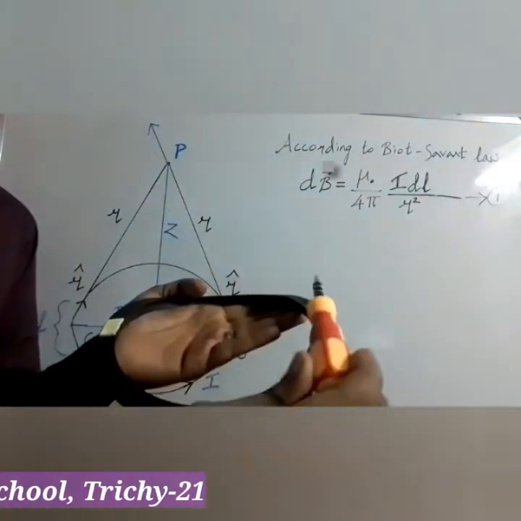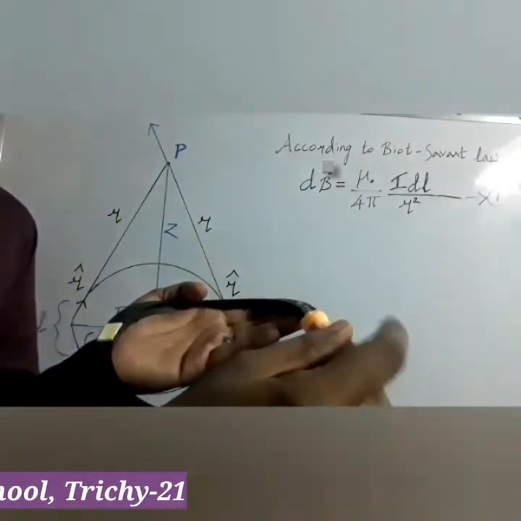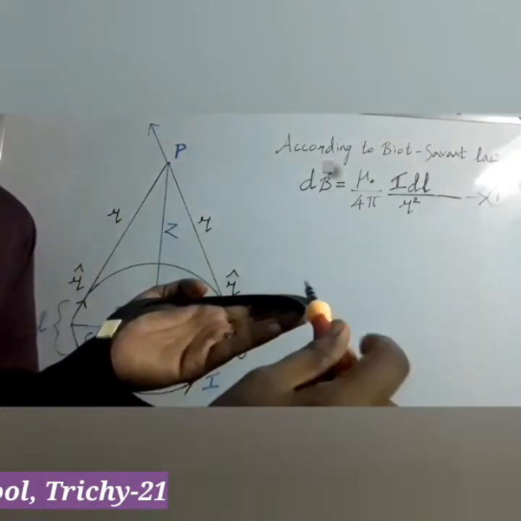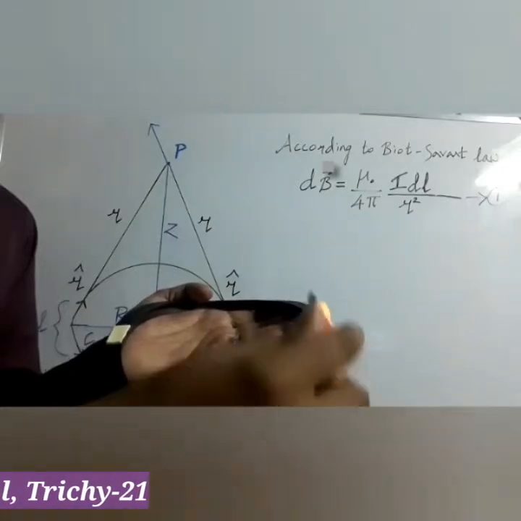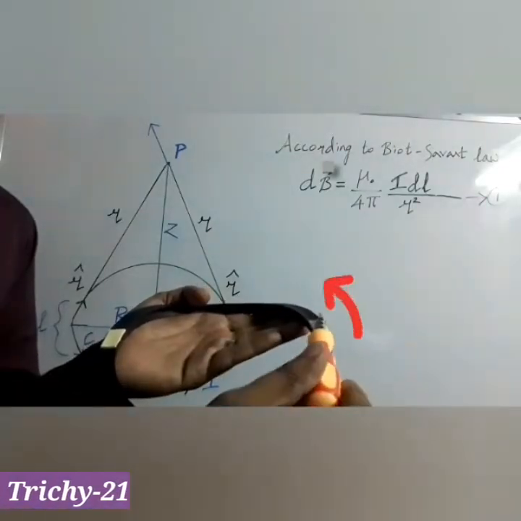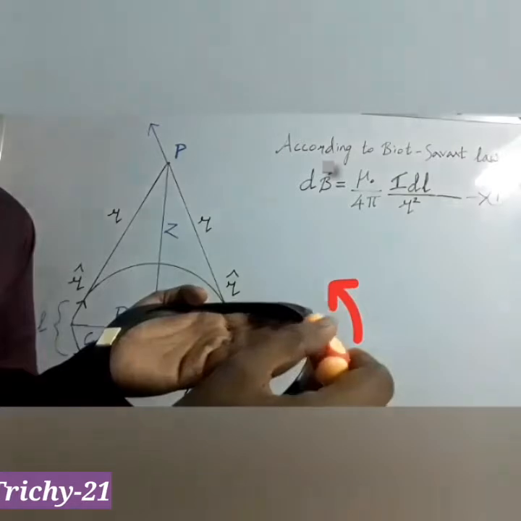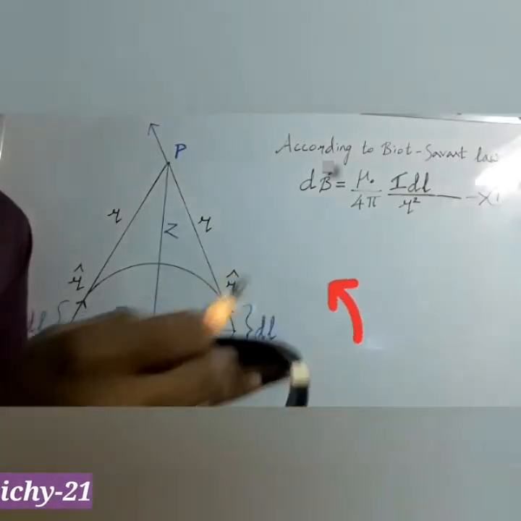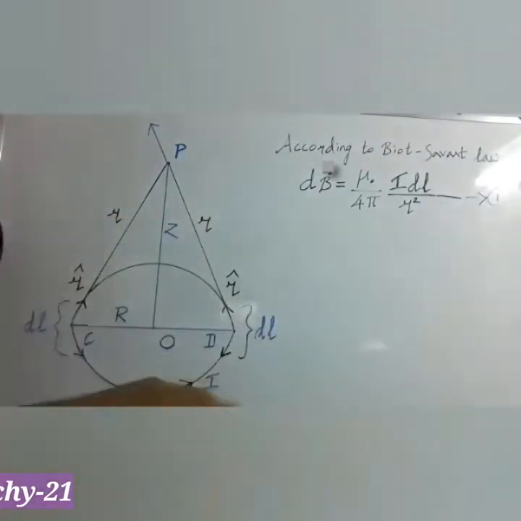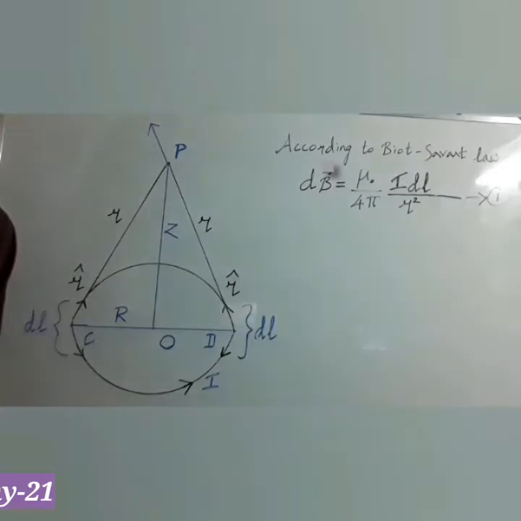So you have to rotate the screwdriver in a clockwise direction, then only an imaginary screw can enter into D in the same direction of the current. So the magnetic field due to D has the clockwise direction.